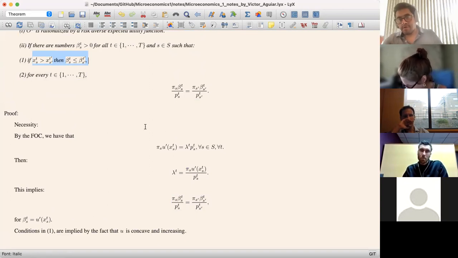Now, I'm just going to sketch verbally what sufficiency would be. Sufficiency is essentially realizing that the beta numbers are marginal utilities. So I use these beta numbers to interpolate the derivative of the utility. With the derivative of the utility obtained through interpolation, I integrate back to obtain the original utility.